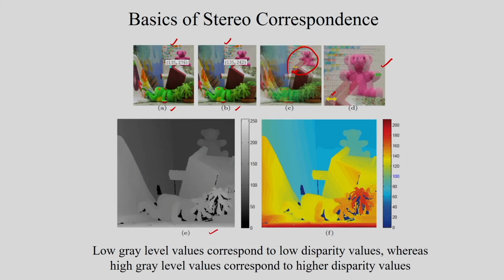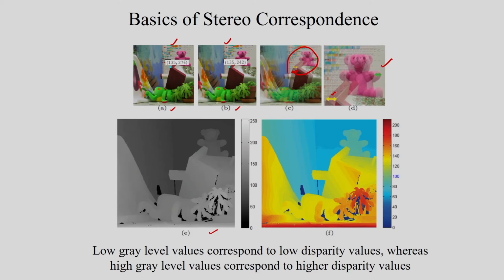The disparity is shown here in figure E in terms of gray level intensity value. Low gray level values correspond to low disparity values, whereas high gray level values correspond to higher disparity values. One point I have already explained: objects nearer to the camera encounter more shift compared to more distant objects, and this is reflected in the disparity values.